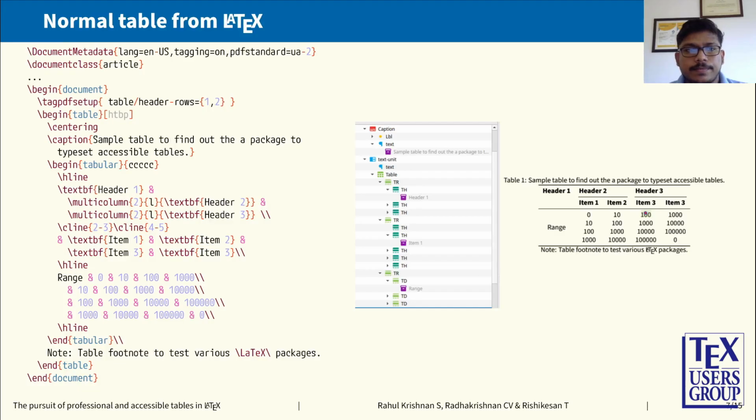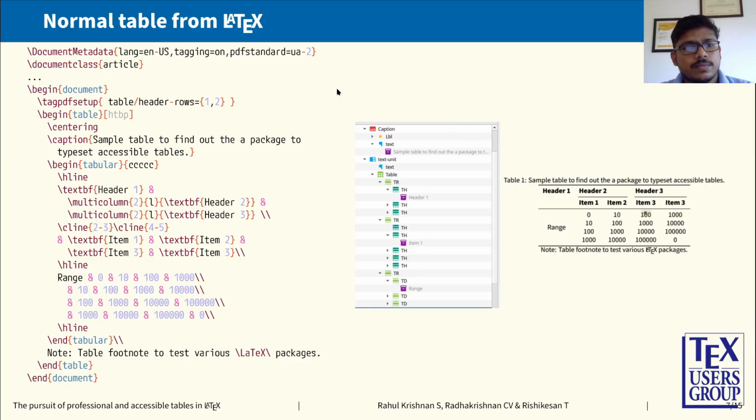Now, again, let's see how this table can be generated using LaTeX. First of all, I am not here to teach you how to code a table using LaTeX. Here, I have just mentioned this code to show you how it appears in the output and how the tags appear in the tag viewer.